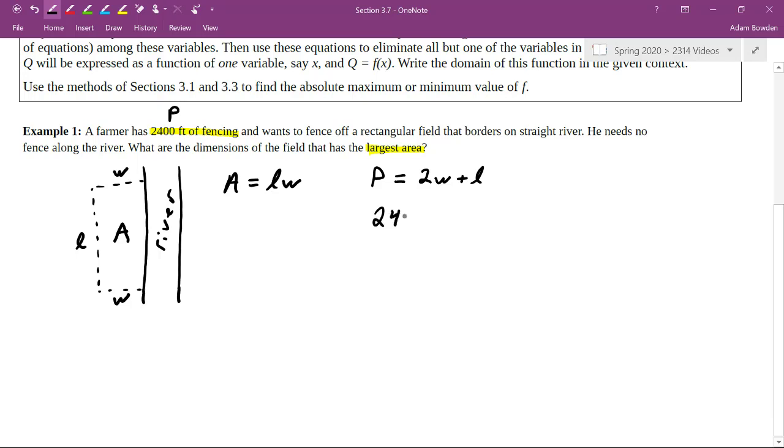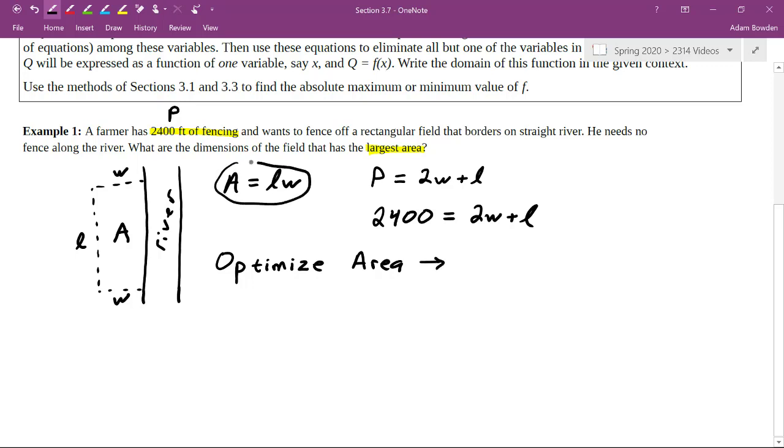So 2,400 is equal to 2W plus L. But what we're trying to optimize is area. In order to use the area, length times width, for optimization, we need to work it down into just one variable from the two that we have.